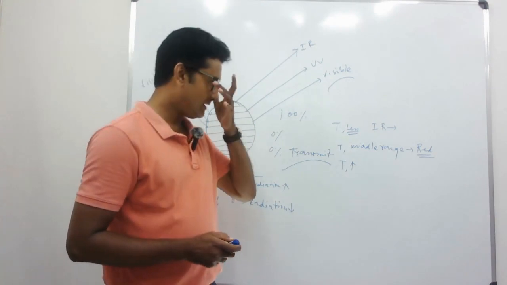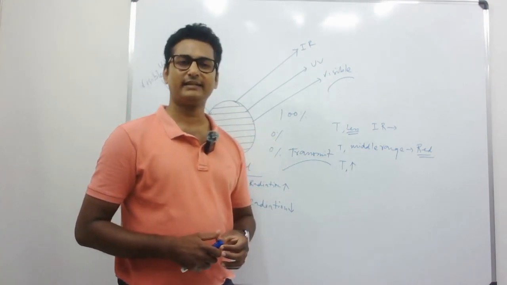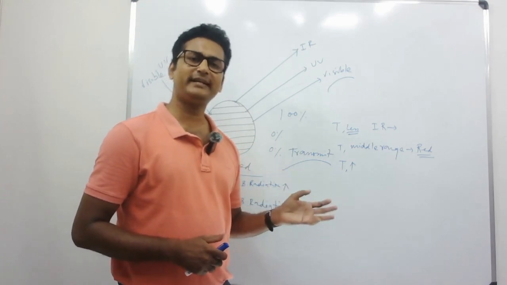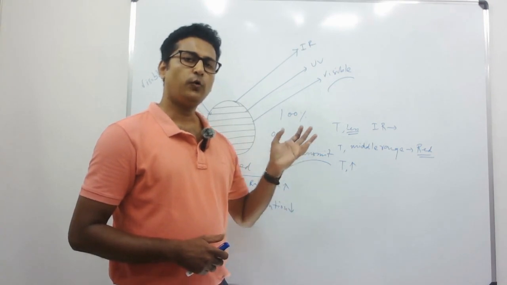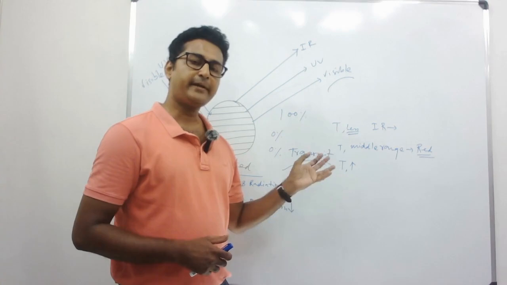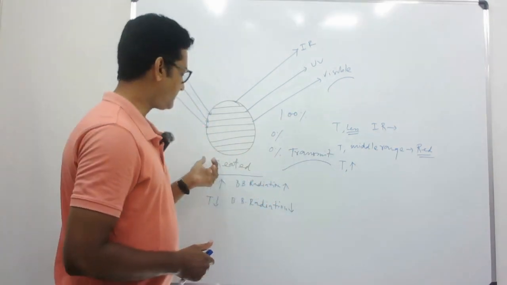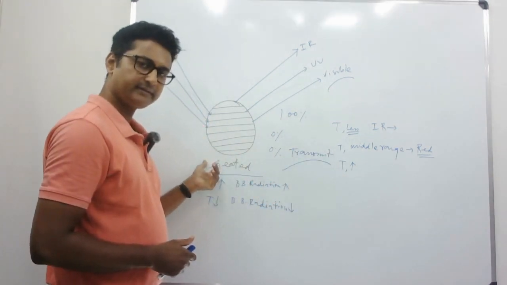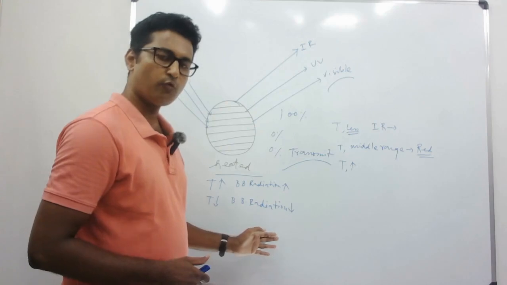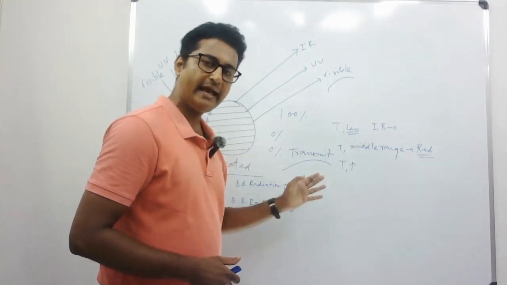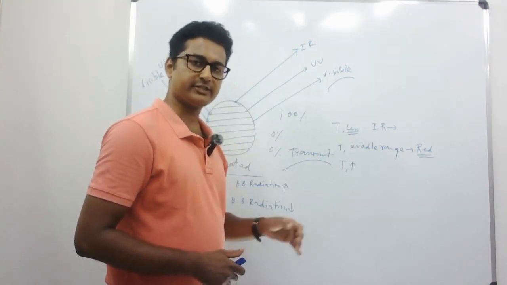That means the amount or the intensity of the radiation of the black body only depends on the temperature of heat. Right? So you have understood what is black body and what is black body radiation.